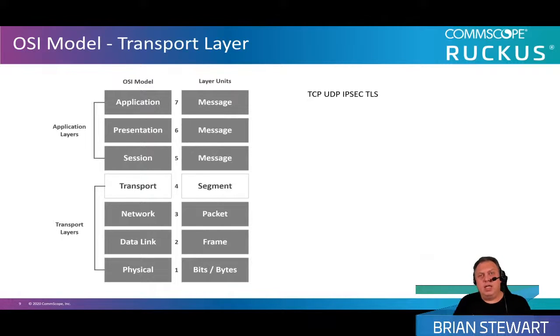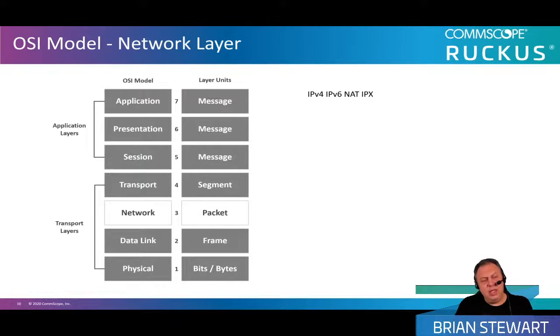But there was a lot of movement within the overall industry to say, you know what, we want to be able to encode this at a lower layer, so that way we can take this same security and we can apply that to a lot of different types of protocols. So TLS occurs here at layer 4.